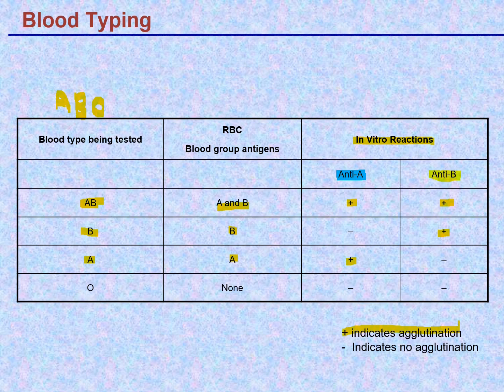It can bind to B. So anti-A binds to A, anti-B binds to B. If you had an antibody against some particular bacteria and you added it to those bacteria, it could bind them together. It could cause agglutination of those bacteria. Very, very specific. If the blood group being tested with these reagents, anti-A and anti-B, is O, it doesn't have either A or B on the surface, and you will not get any reaction. You will not get agglutination.